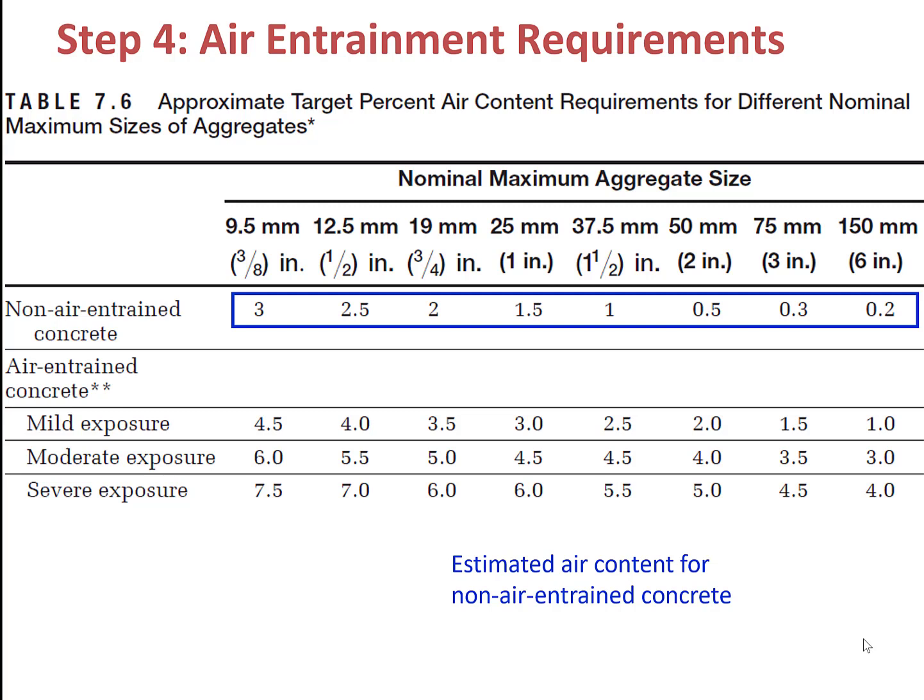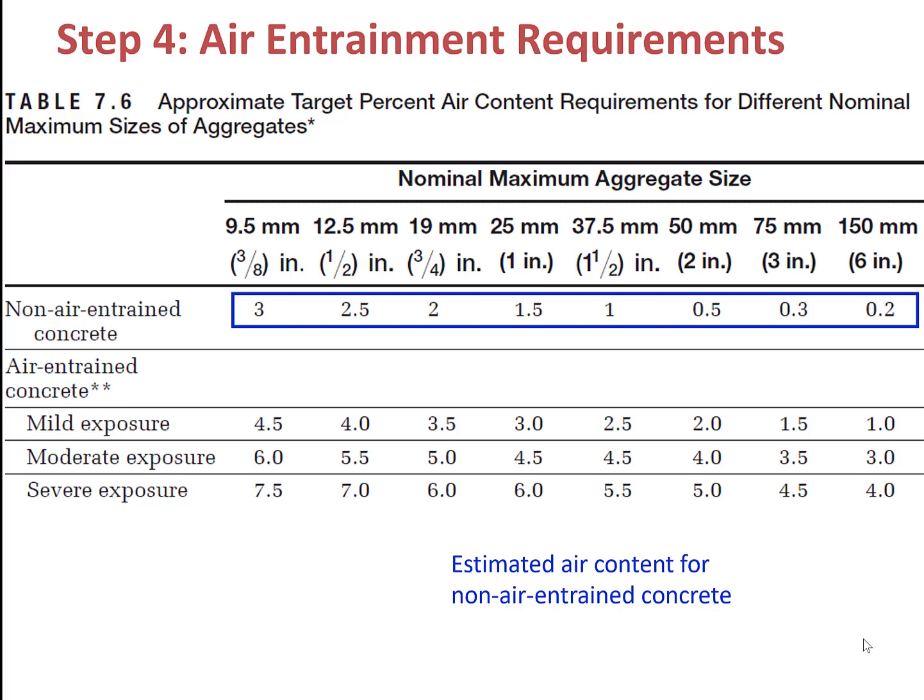And in the following rows, you can see the recommended air content for air entrained concrete, and they include both the naturally formed air voids during hydration and also intentionally entrained air bubbles by using air entrainers.